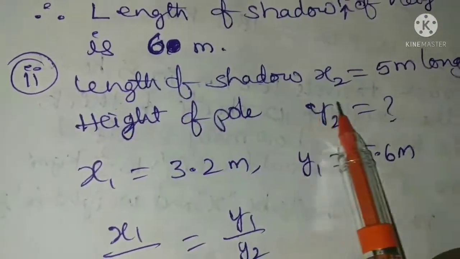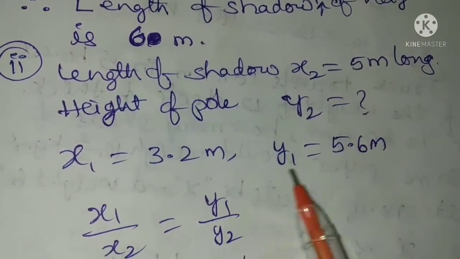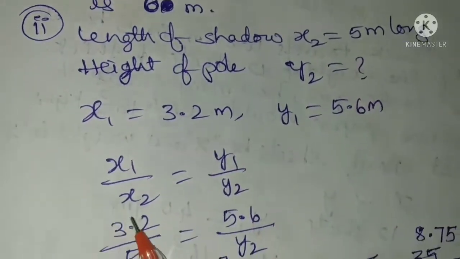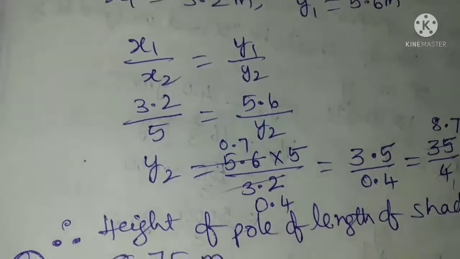If the length of the shadow is given as 5 meters, what is the height of the pole? x1 is 3.2, y1 is 5.6, and x2 is 5 meters, y2 we have to find. x1 by x2 is equal to y1 by y2. 3.2 by 5 is equal to 5.6 by y2.